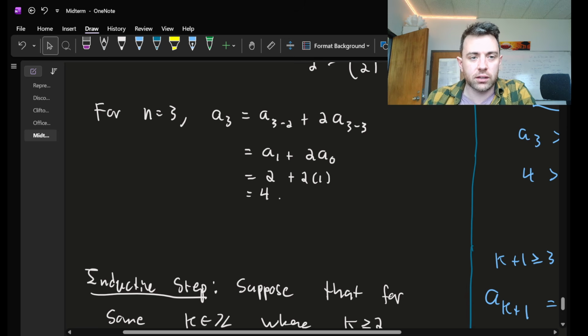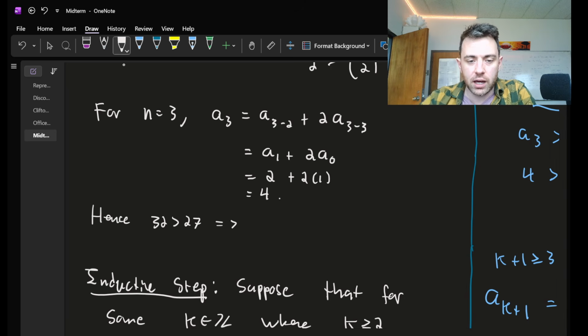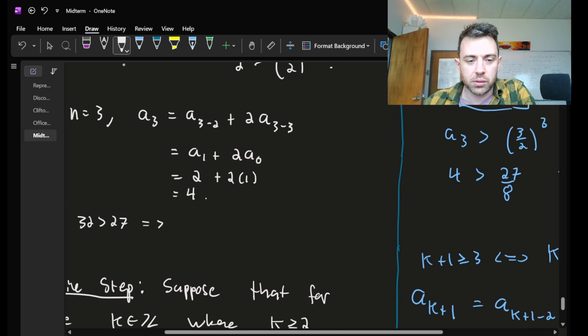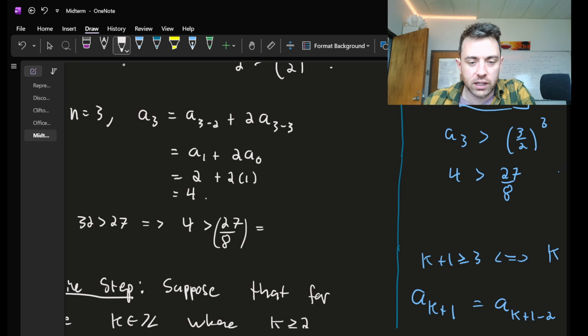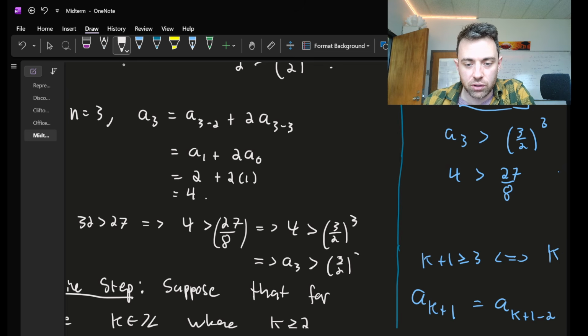So then we get, hence 32 bigger than 27 implies 4 is bigger than 27 over 8 implies 4 is bigger than 3 over 2 to the 3 implies that a sub 3 is bigger than 3 over 2 to the 3.